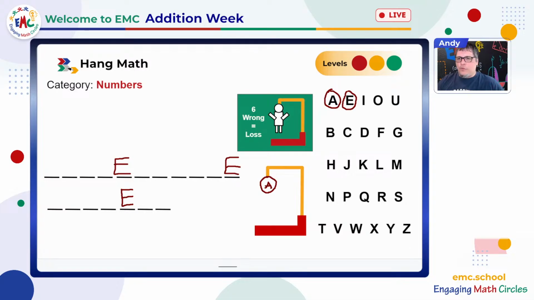Okay, we have 2 people helping out today, so I'll change colors for round 2. An R. There is an R after this E. Great job. Okay, Aktun, your turn to guess a letter.